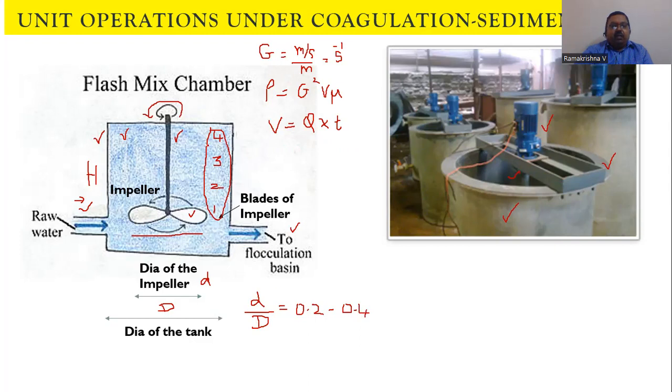Other important things are the velocities. That is velocity at the tip of the paddle and velocity of the water adjacent to the paddles. What are they? Now what you see here, when the impeller is rotating with high velocity, it will have a velocity here, Vp. So maybe it is moving with some velocity in this direction.